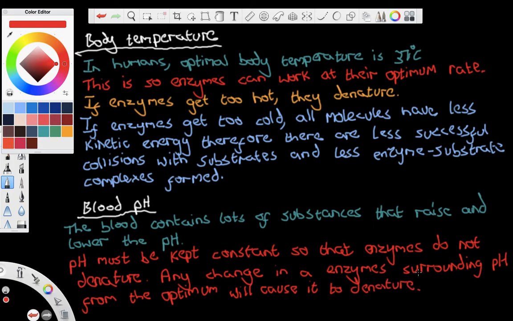Okay, so all you need to know is that any change in the surrounding pH of an enzyme will cause it to denature.